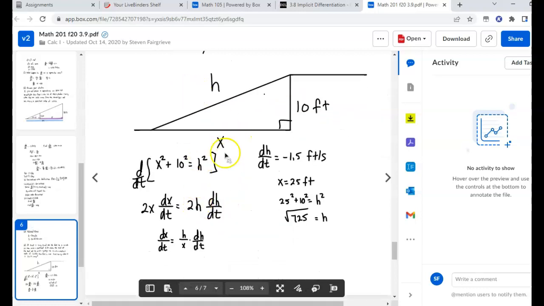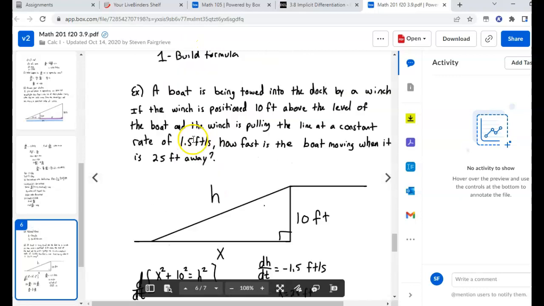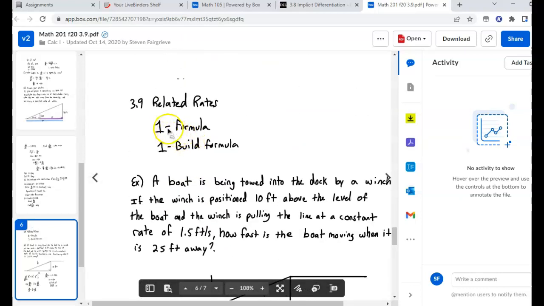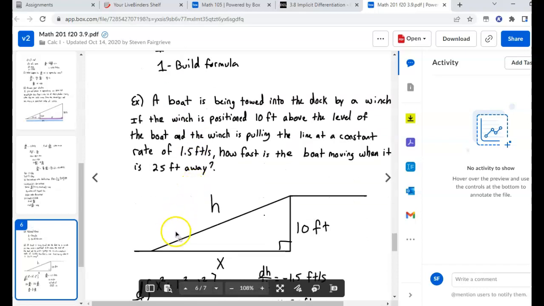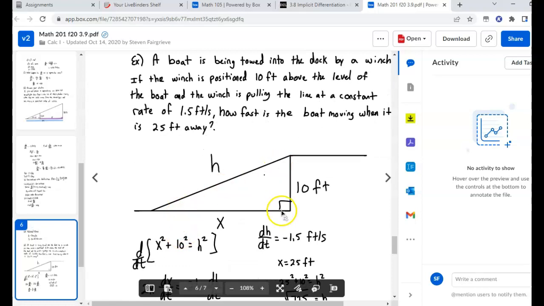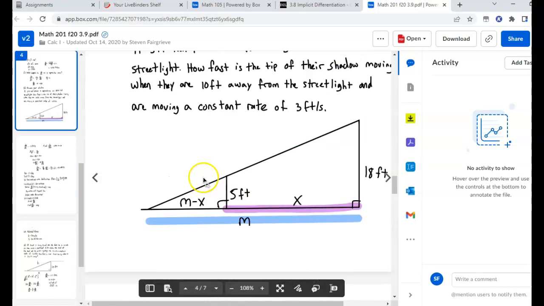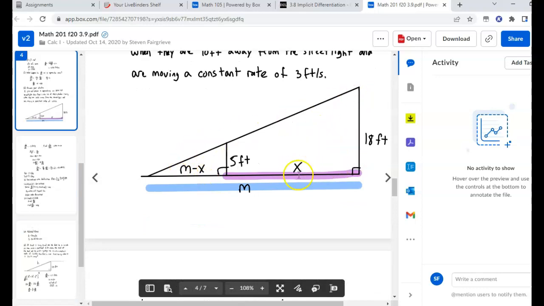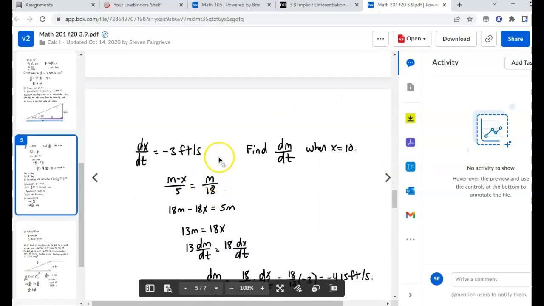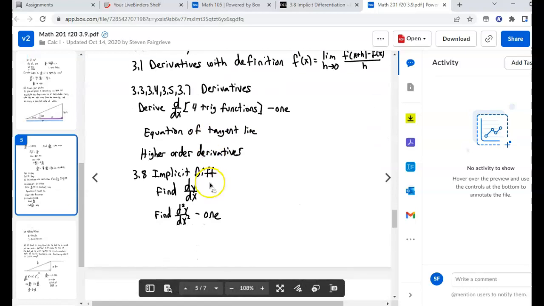Again, here you're using the Pythagorean theorem in this particular case as well. So you can expect that you'll have one where you have a formula that you can use to work out the related rate. One, you're going to have to build the relationship from the information. And again, that'll either be something with the Pythagorean theorem, or it'll be something with similar triangles like this example with the shadow. Okay, that in a nutshell is your test.